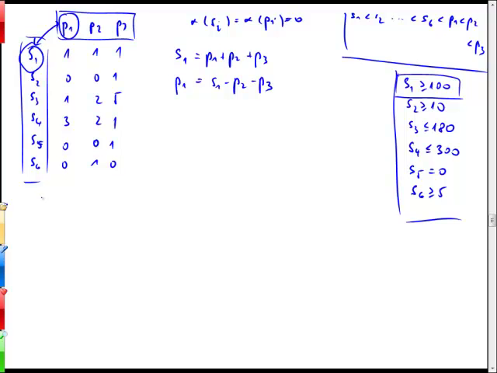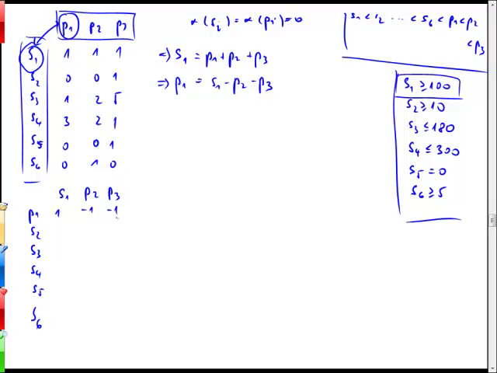So I change the tableau. Now here I will have P1 and here I will have S1. The rest is the same. And now the first constraint changes from this one to this one, so the coefficients will be 1, minus 1, minus 1.